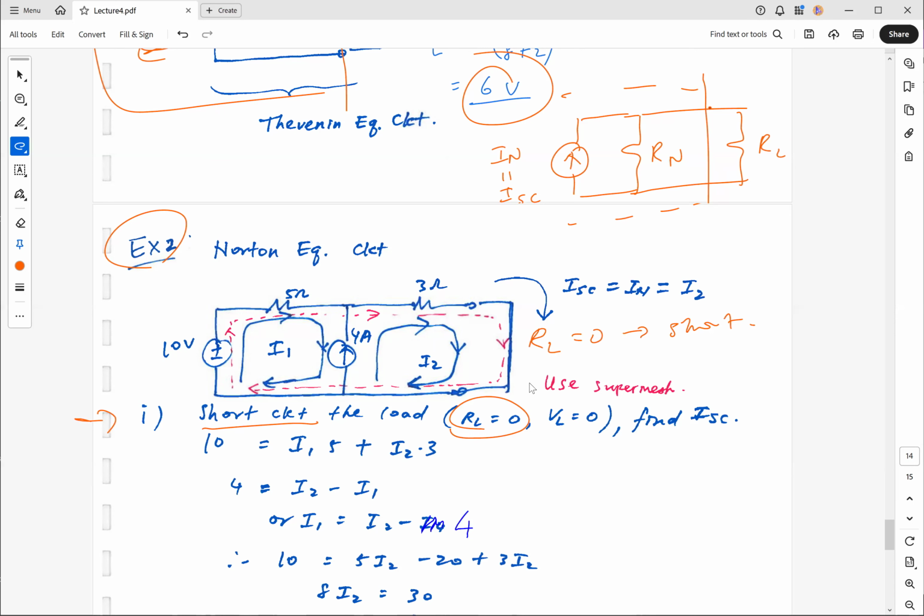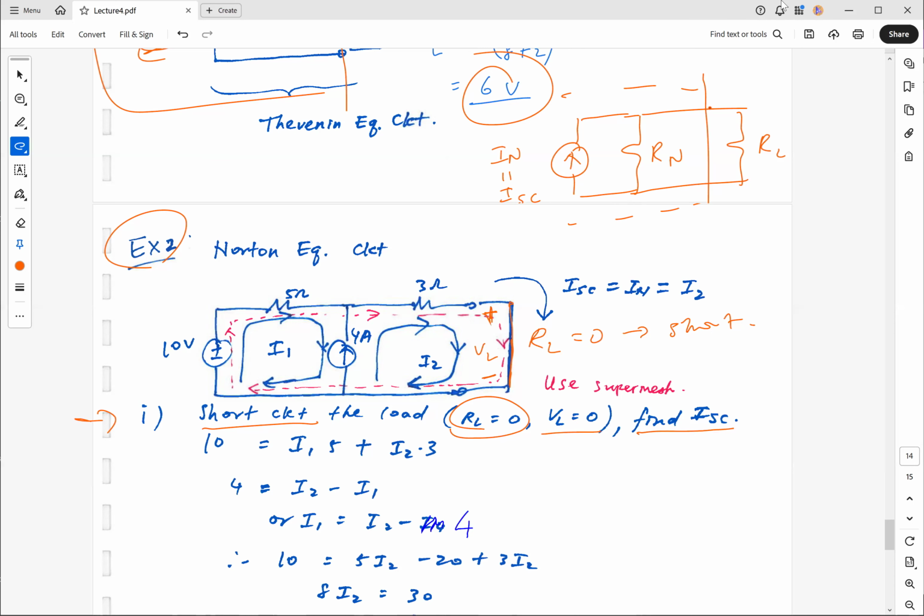When I short circuit the load, remember VL now becomes 0, just for this first step, because this is my VL. When I have a short here, VL becomes 0, which is something we can easily say. So VL is equal to 0.